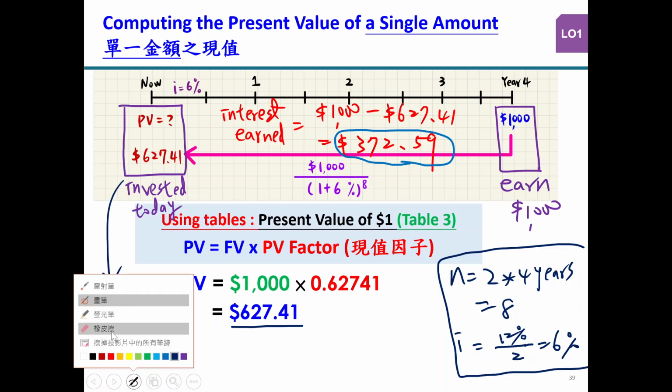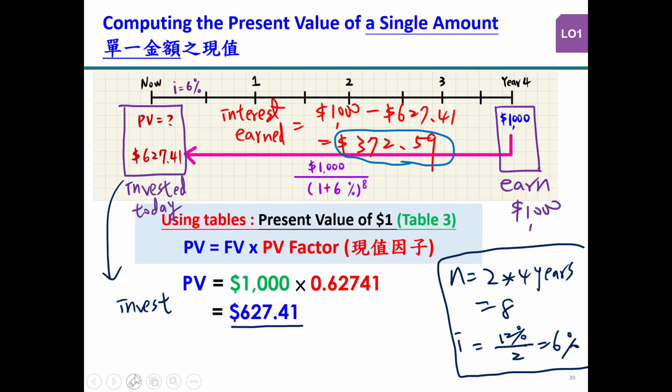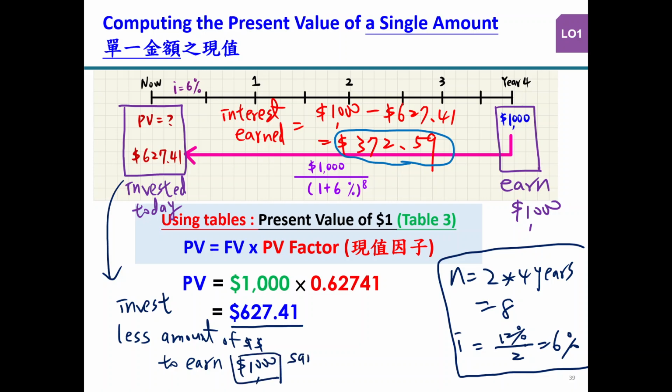Less money, still to earn the same future value.